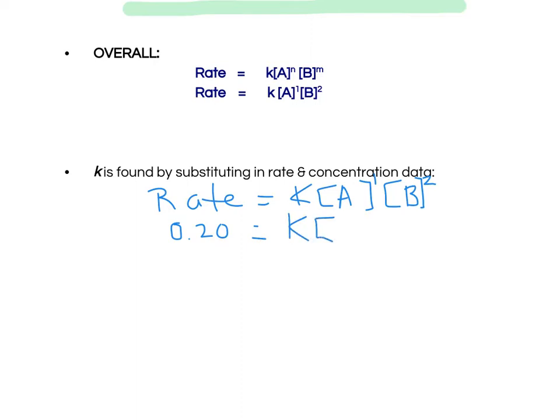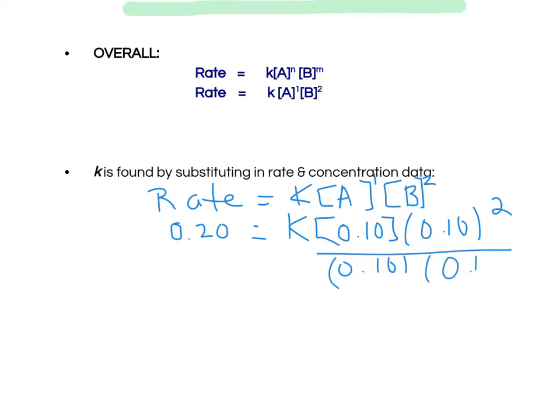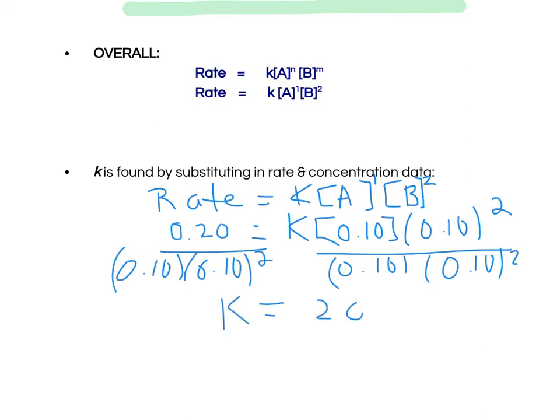K here times the concentration of A, which was 0.10 to the power of 1, and then 0.10 squared. And you'll find that when I divide out the 0.10 times the 0.10 squared on both sides, the value that I get for K is 200.